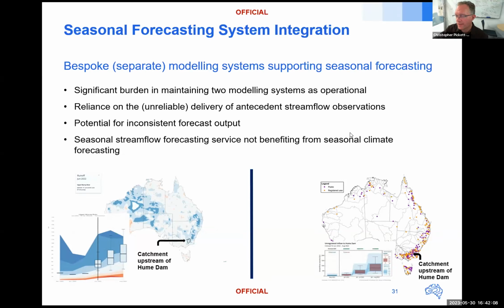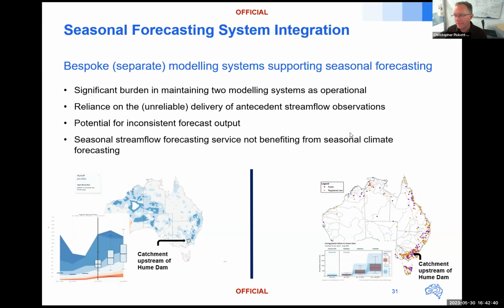It's a pretty significant burden maintaining, in this case, two modeling systems, but in actual fact there are lots of modeling systems in the Bureau that the Bureau has to maintain and improve. And there is now a 10-year strategy in the science strategy of research and development to move to a more unifying modeling system that supports many forecasting services, either in the atmosphere or climate space or in the hydrology space.